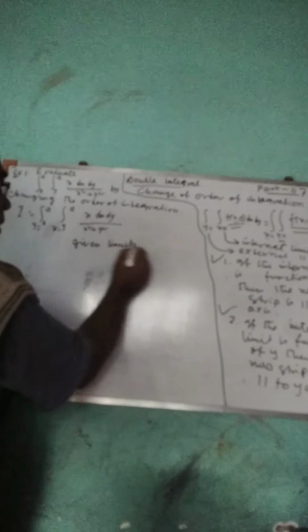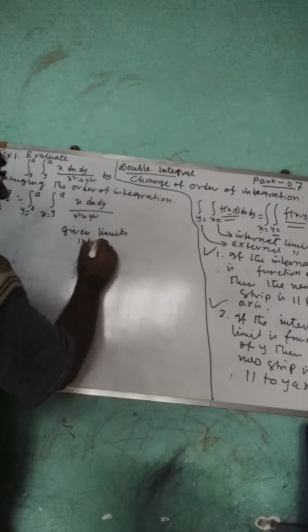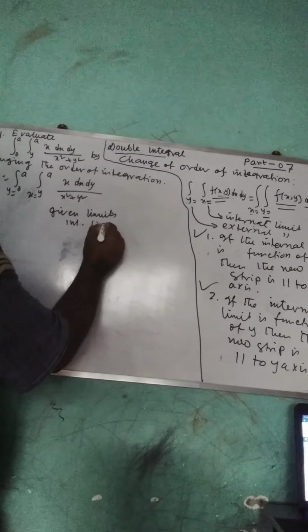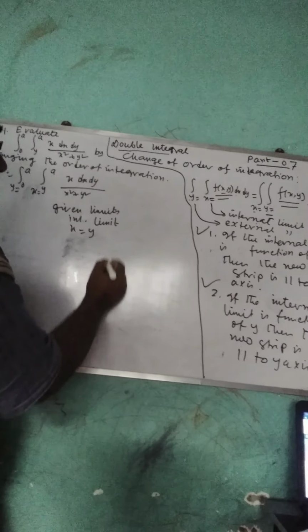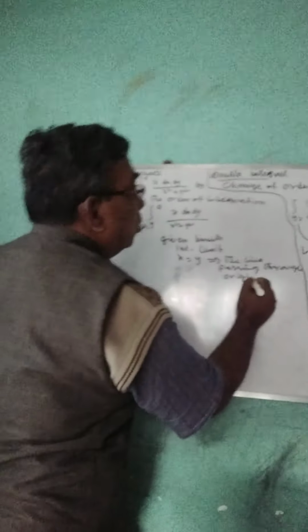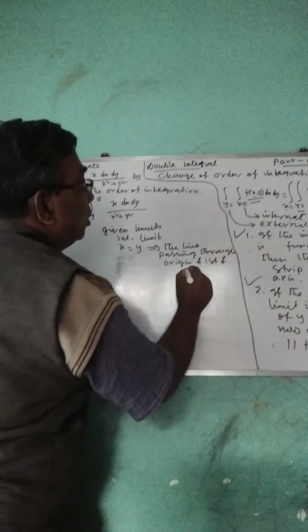Given limits: the internal limit is x equal to y. x equal to y means the line passing through the origin, through the first and third quadrant.